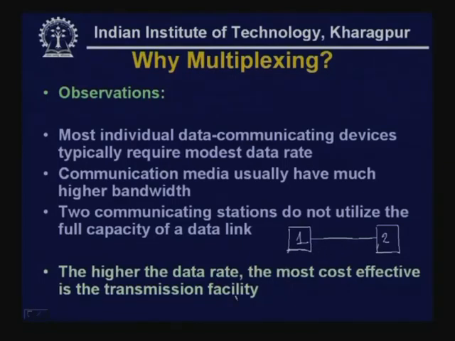Another observation is that the higher the data rate, the more cost effective is the transmission facility. For example, if the data rate is small, then the cost per byte or per kilobyte is more, and if the capacity is large, say several gigabits, then the cost per byte or cost per kilobyte is much less.